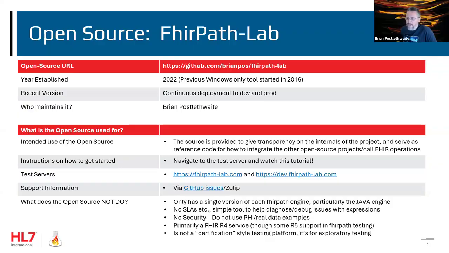I'd previously had an open source FHIRPath tool that was Windows only, started way back in 2016, which was helping me debug and try out expressions to see what the results were, because I was using them pretty heavily in SDC.